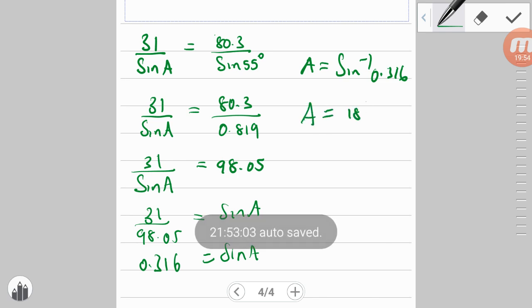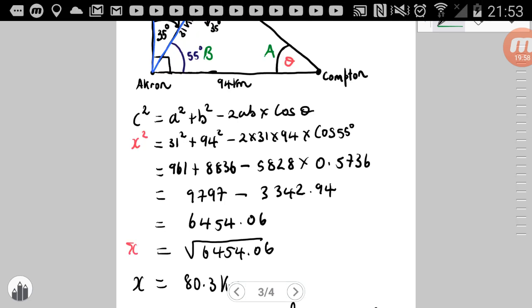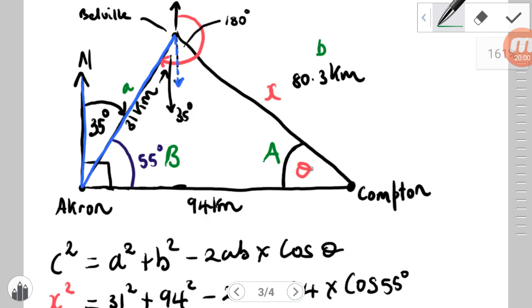So the angle here representing A is 18 degrees. In the event that they did ask us to find this angle, the complete angle between here, then we could add 55 and 18, which is 73, and take that from 180. Then we should find our answer being equal to 112 degrees if we needed to find this piece of angle here.